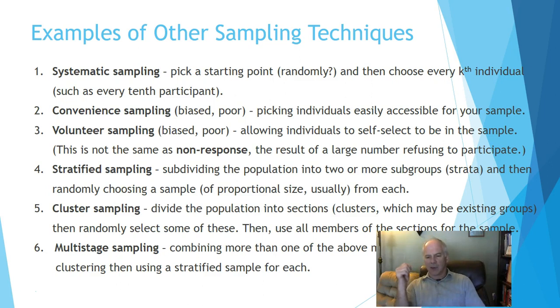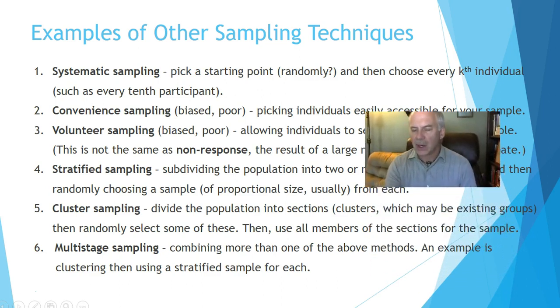Now, another thing is called cluster sampling. This is when you divide the population into sections or clusters, which may be existing groups. Okay, could be like counties of a state. There's like, I don't know, 100 and something counties in Georgia. Those are existing regions already that you could use.